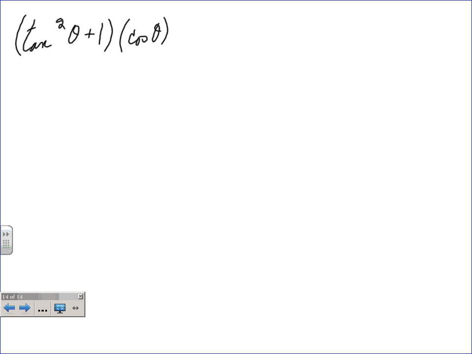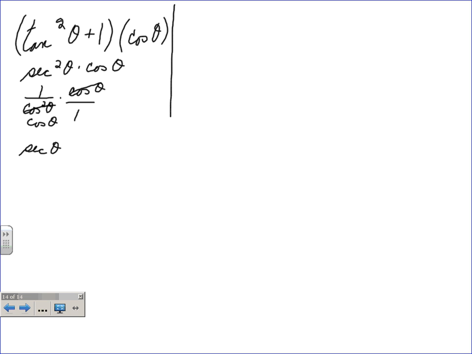And I think these things are easier than what you think, because if you recognize that this is also a Pythagorean identity, this equals secant squared theta times cosine theta. Secant, I know, is 1 over cosine squared times cosine, and I can reduce. I'm left with 1 over cosine, which is secant theta.